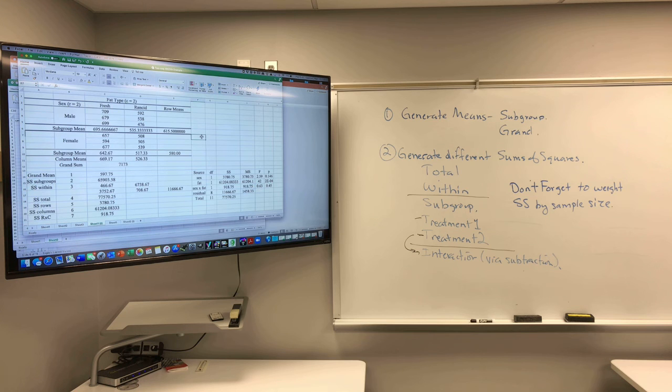So by subgroup we mean you really have 4 subgroups: male rancid, male fresh, female rancid, and female fresh. And so the subgroup means are based on those 4 means rather than the row means, which are based on 2 means, and the column means that are based on 2 means. You said 3 observations? Yep, because you have 3 observations for each of those means.